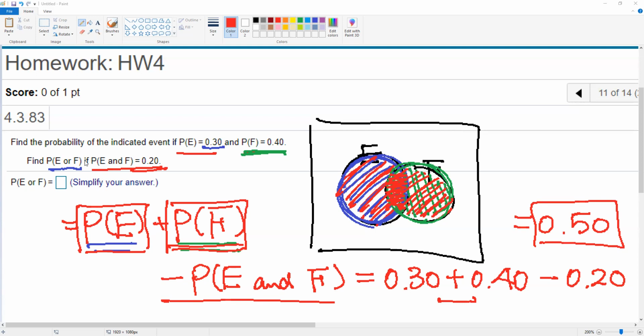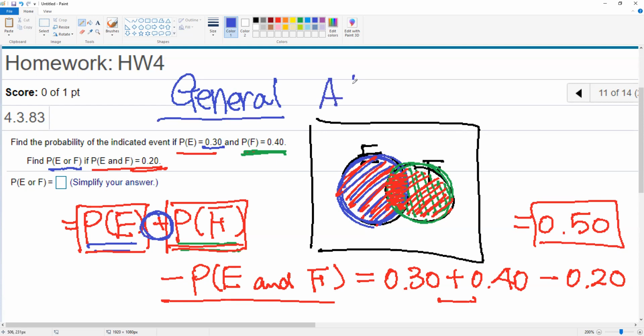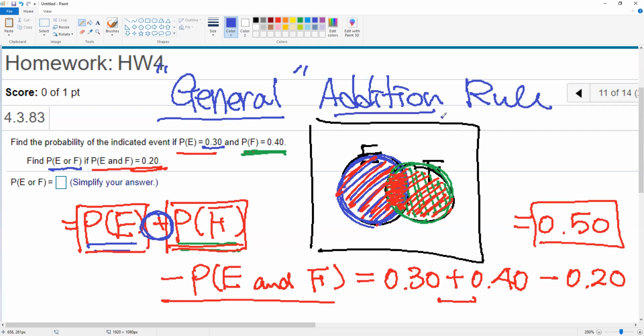Does it make sense? The textbook names this the general addition rule. It is the general case when they are not mutually exclusive, but we added, so it is the general addition rule. We have two kinds of addition rules.